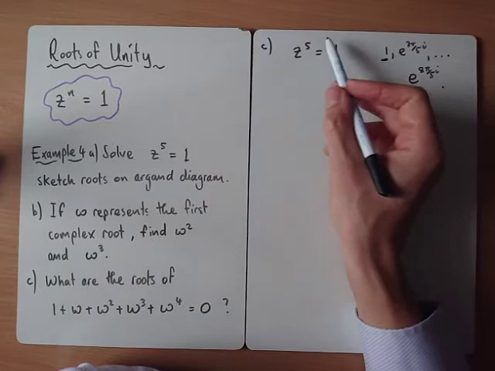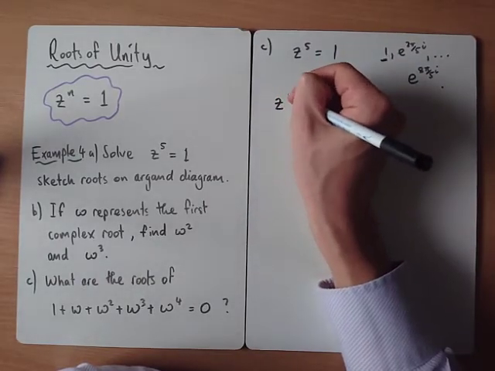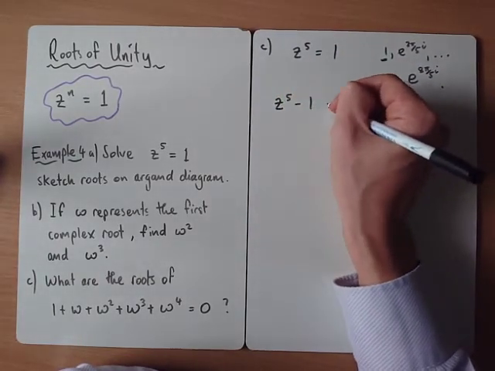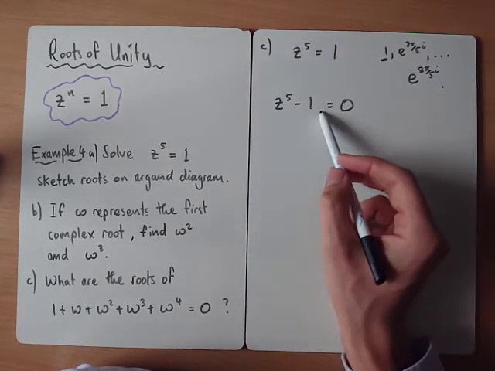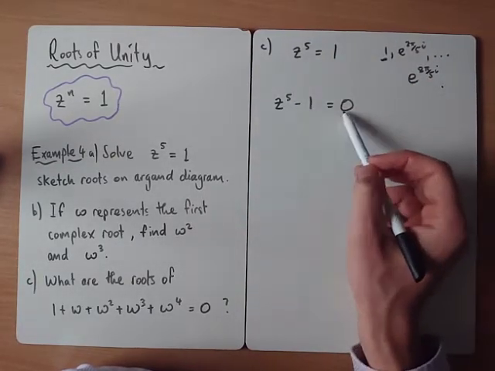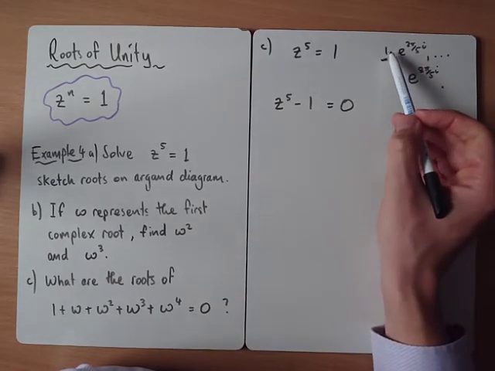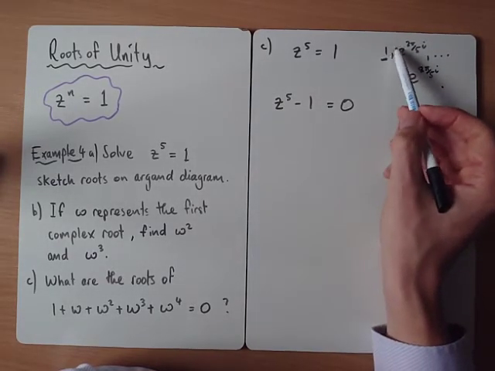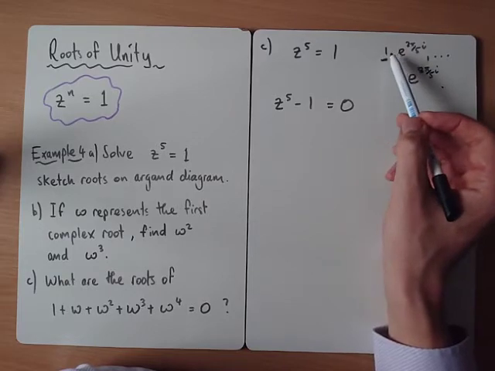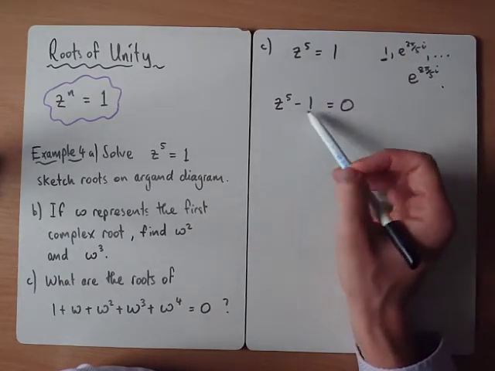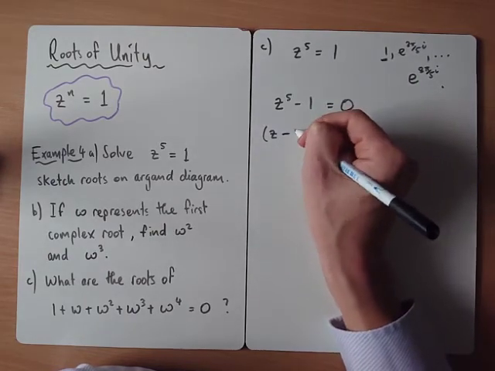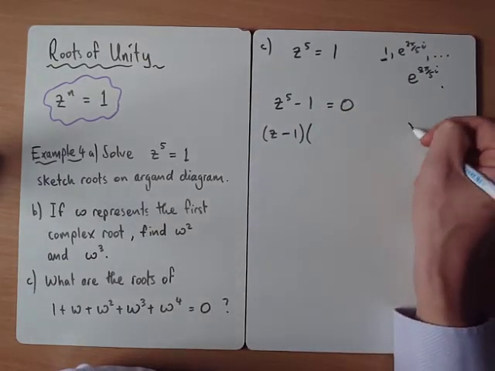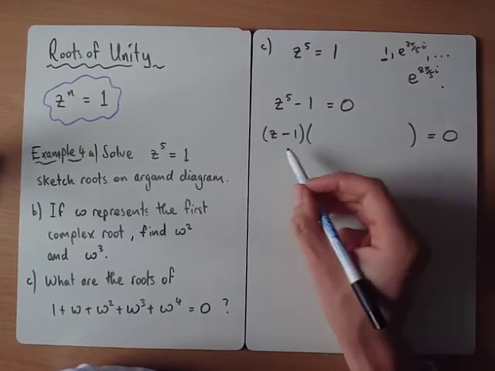If 1 is a root of this equation, let me just rearrange this. So if we think about this equation instead as a polynomial, and I was trying to find the roots of the polynomial, if I know 1 is a root, I also know a factor of this polynomial. I know that I can write this as z minus 1 multiplied by some other stuff.